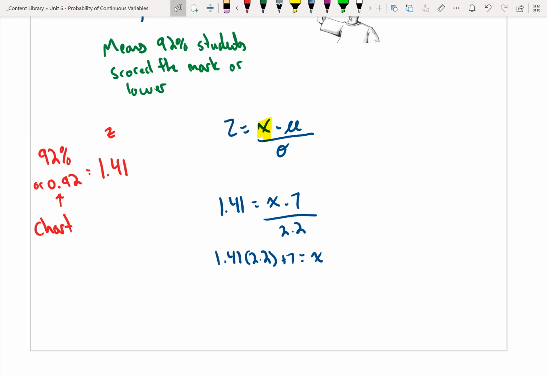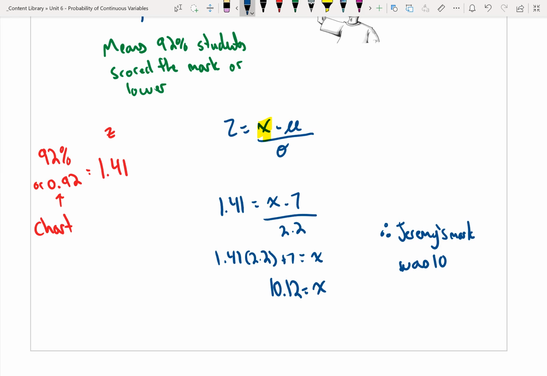And when I go through, I find that I get 10.12 is equal to x. Therefore, Jeremy's mark was 10.